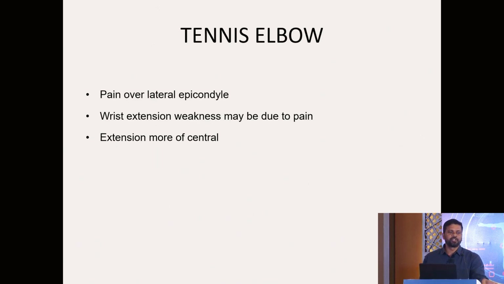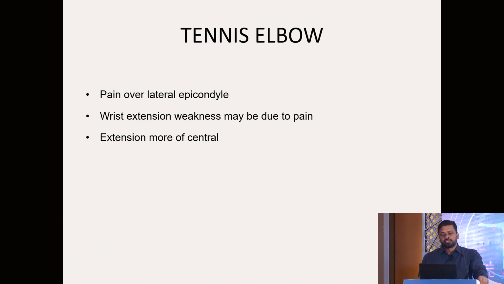How to differentiate between the tennis elbow and PIN? First is the site of tenderness. In the tennis elbow, tenderness will be more on the lateral epicondyle. In the PIN, the tenderness will be 2 to 4 centimeters, almost 4 centimeters, distal to the lateral epicondyle.